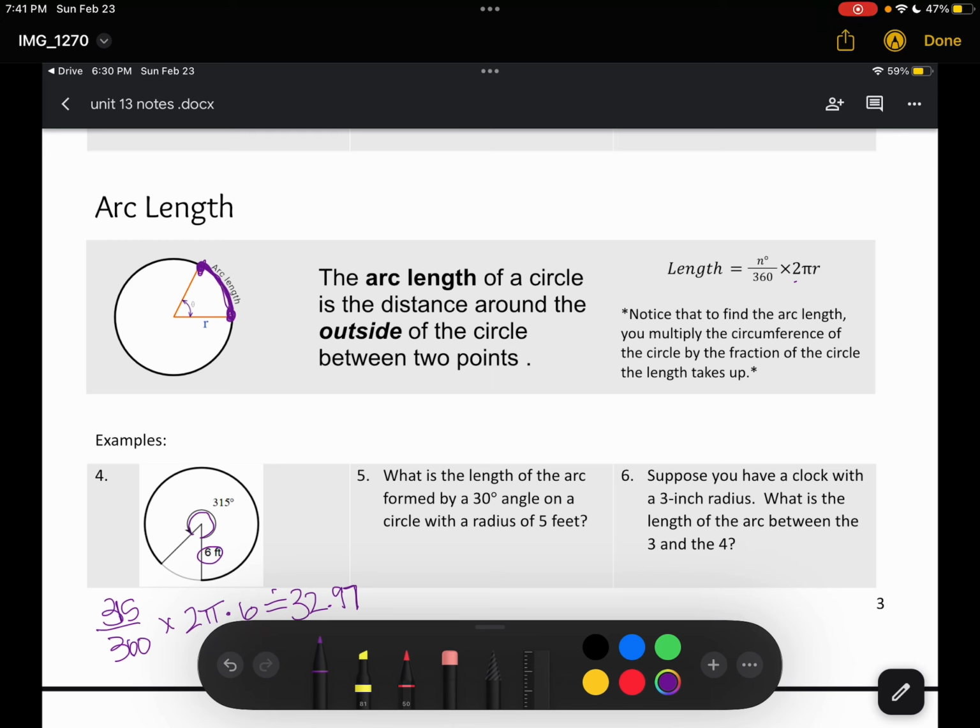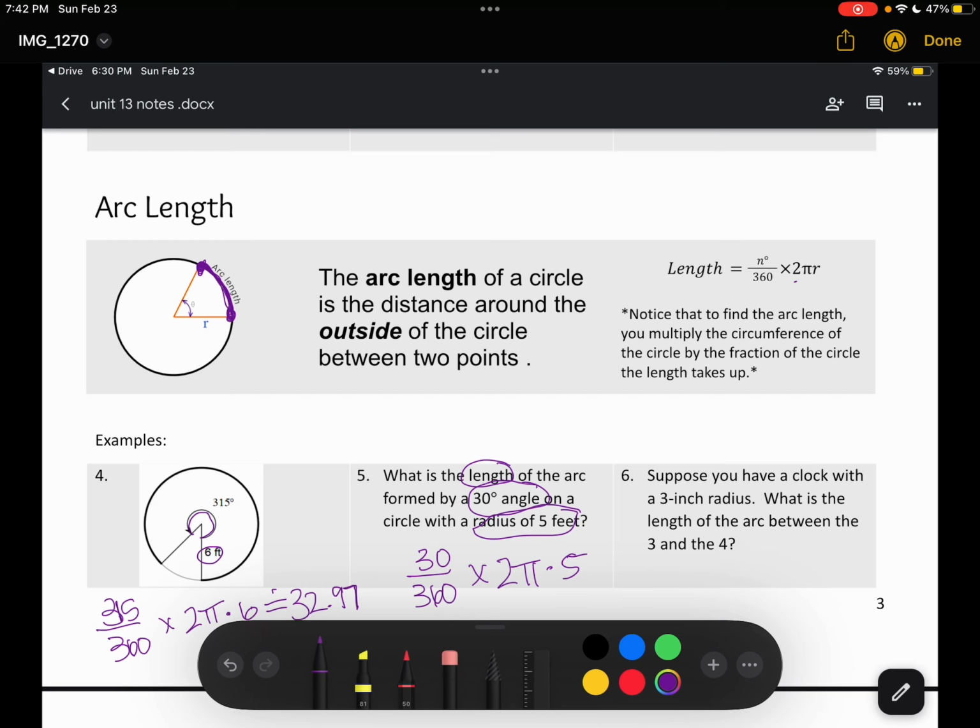So the next question: what is the length of the arc formed by a 30-degree angle? Okay, and we're talking about a radius of 5 feet. So the degrees, or the angle, goes in the fraction over 360, because we're talking about degrees, multiplied by 2 pi times the radius.